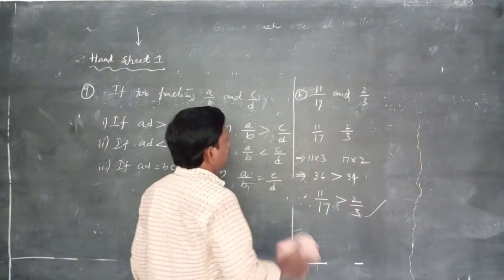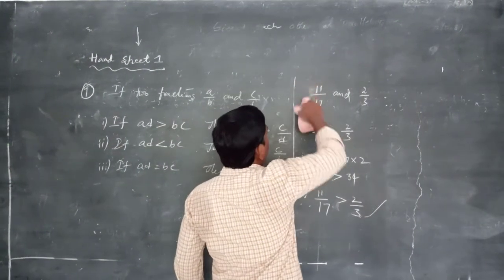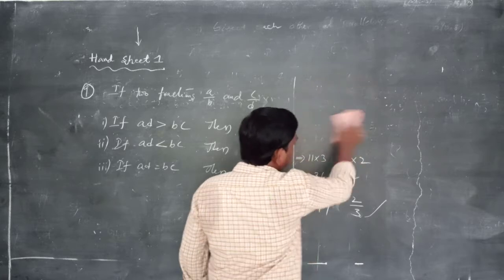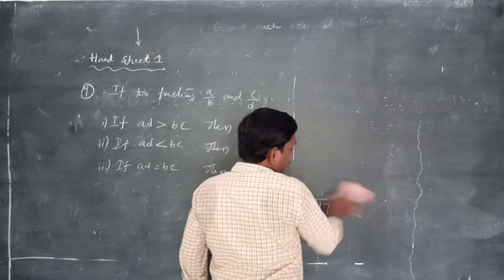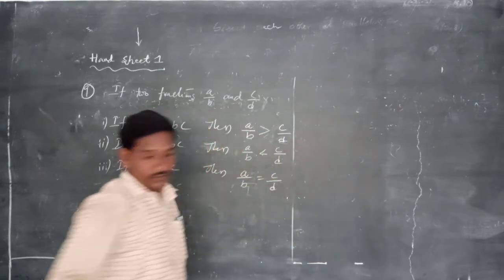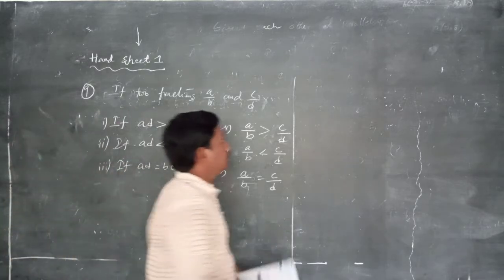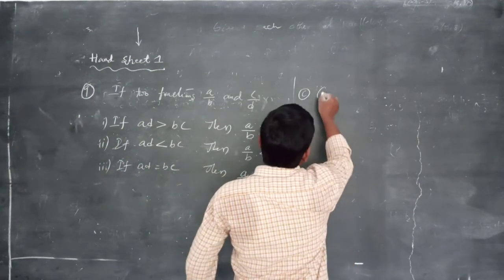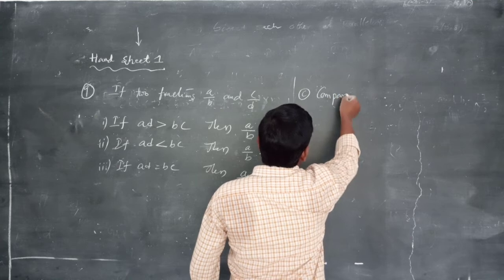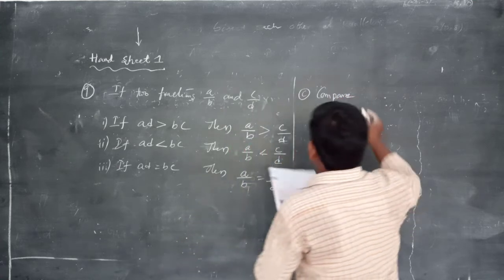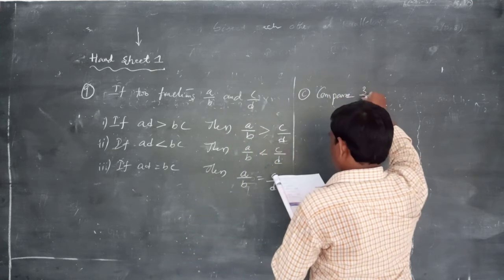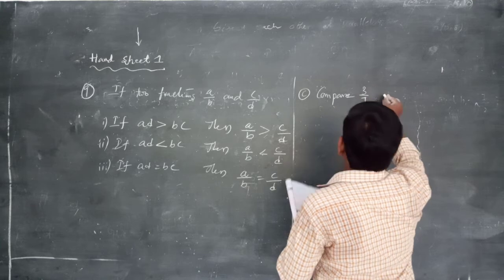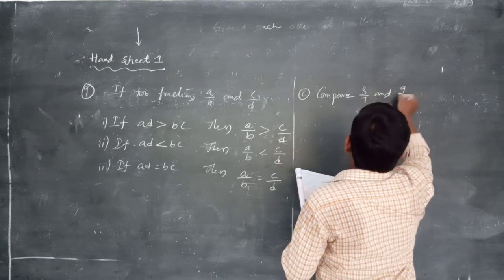Now question C. Compare 3 by 7 and 9 by 21.